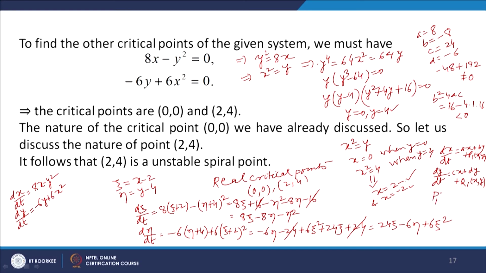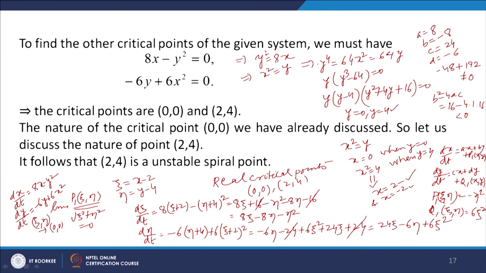And you can see P1 xi eta is equal to minus eta square, and Q1 xi eta is equal to 6 xi square. So, P1 xi eta over under root xi square plus eta square goes to 0 as xi eta goes to 0, 0.